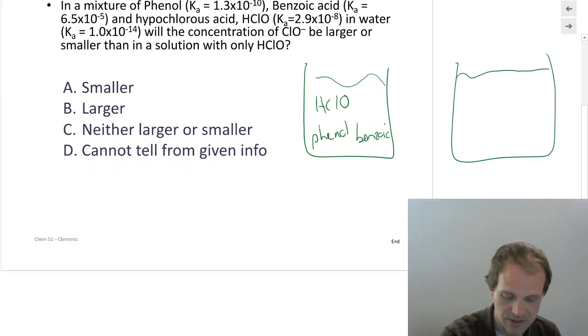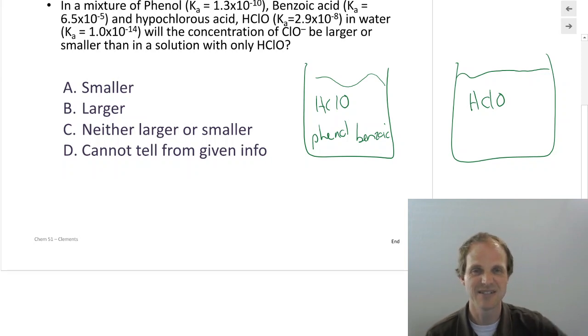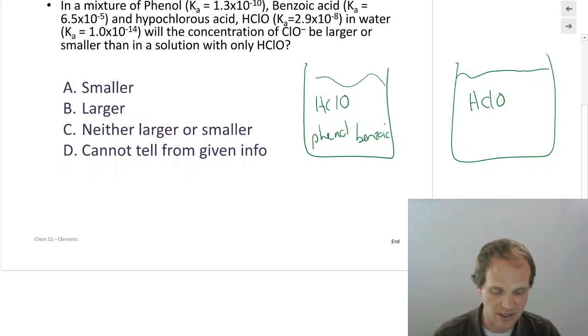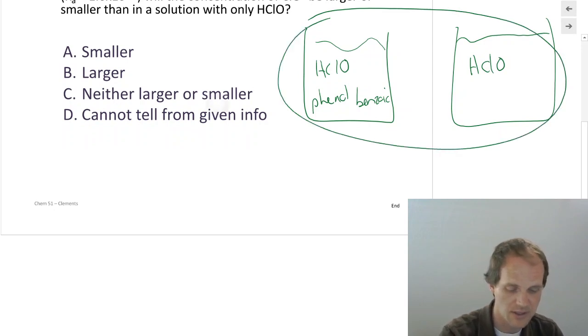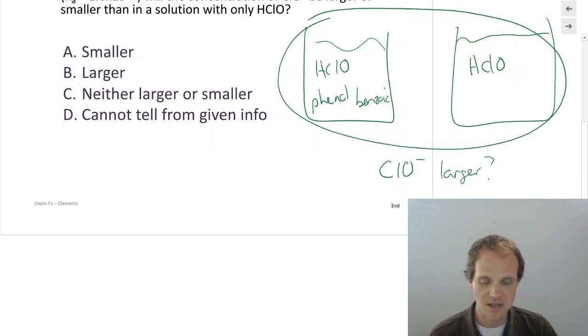Or we've got a solution that's just HClO. I want to know in which of these two the ClO minus is larger. Is it larger in the one with the mixture, or is it larger in the one that only has HClO?